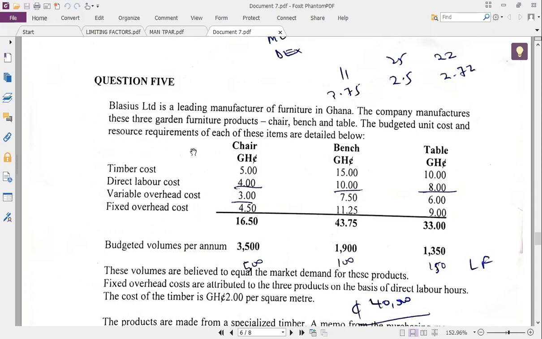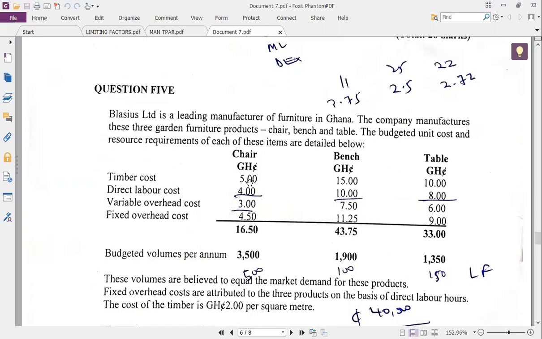So it will tell you the quantity of timber required for each of the products. So if the timber costs 2 Ghana cedis per square meter, then for a chair, they spend 5 Ghana cedis. So if 5 Ghana cedis, how many square meters of timber have they used? So it divides, that means 2.5 square meters. Here's 7.5 and here's 5. If you need them. Good.